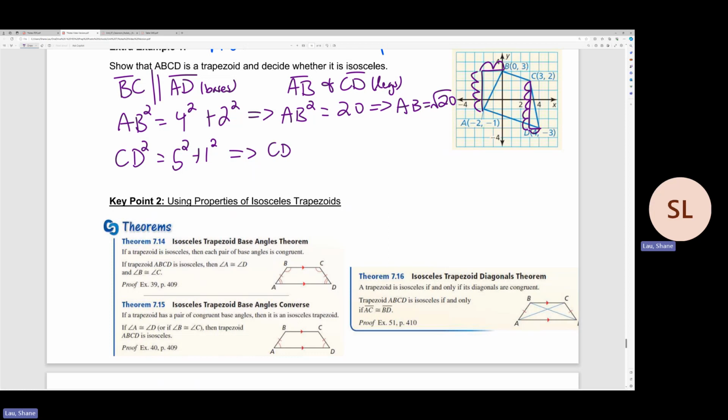So CD squared equals 26, which of course doesn't make any sense because these two are not equal to each other. Therefore, not an isosceles trapezoid.